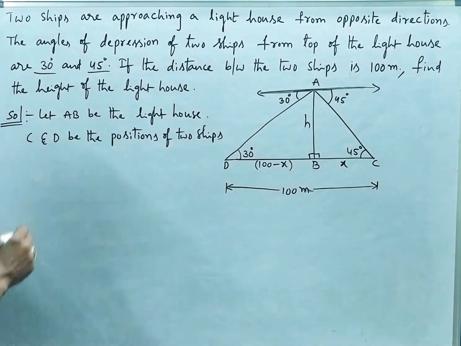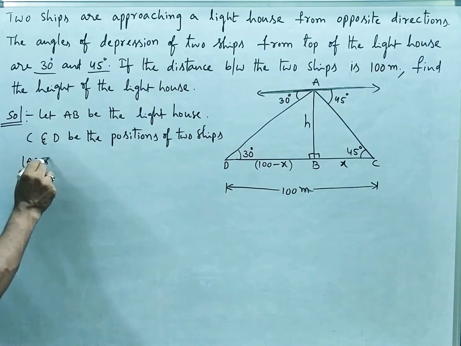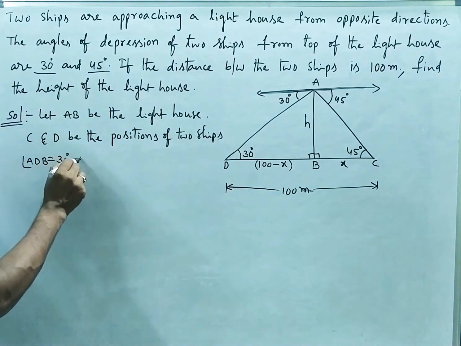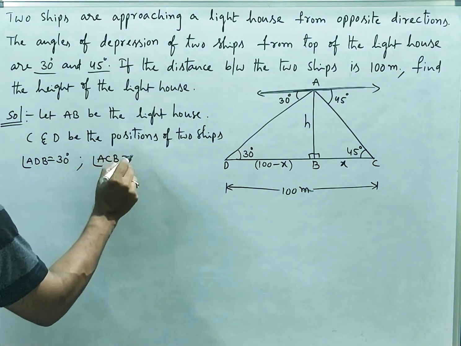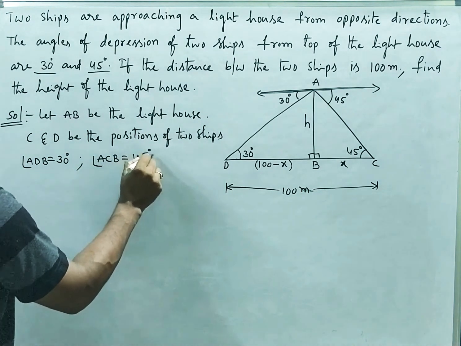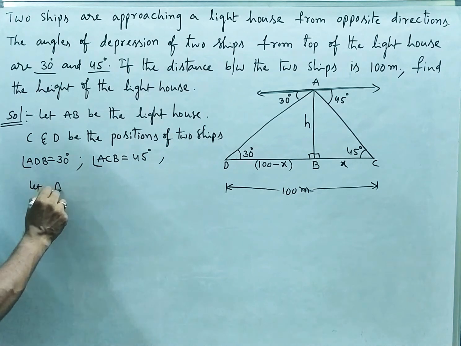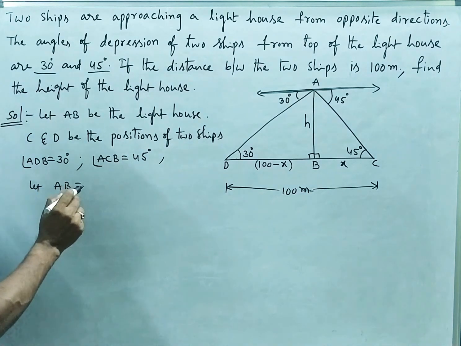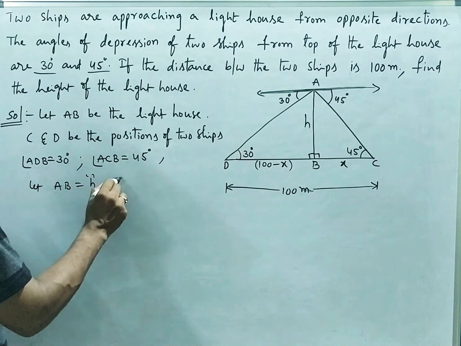C and D be the positions of two ships. Angles of depression, that is angle ADB is equal to 30 degrees and angle ACB is equal to 45 degrees. Let the height of the lighthouse AB be equal to h meters.